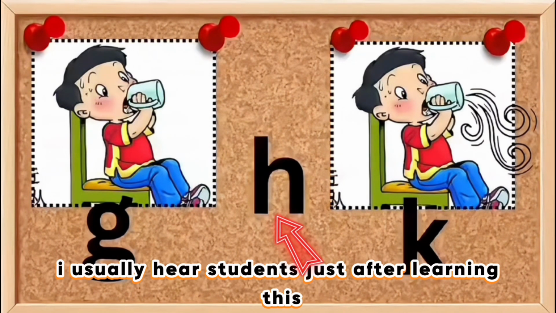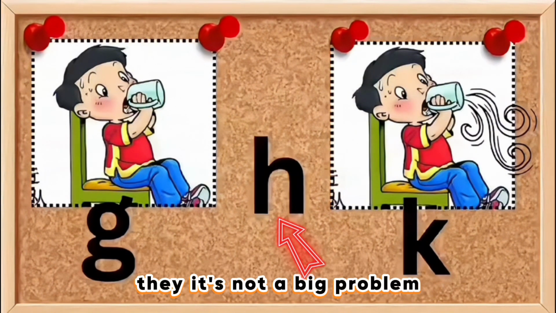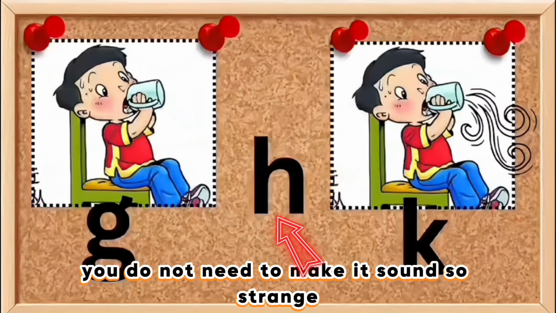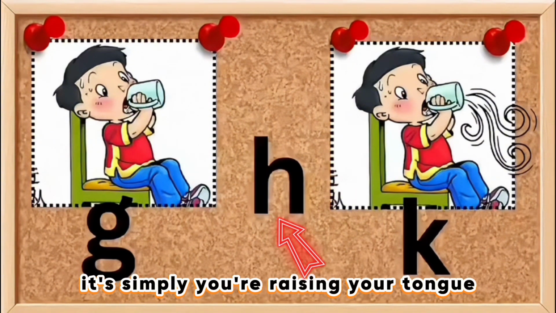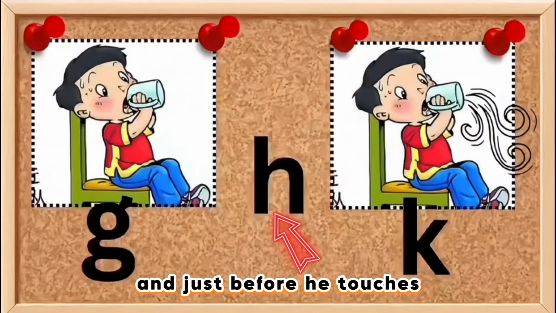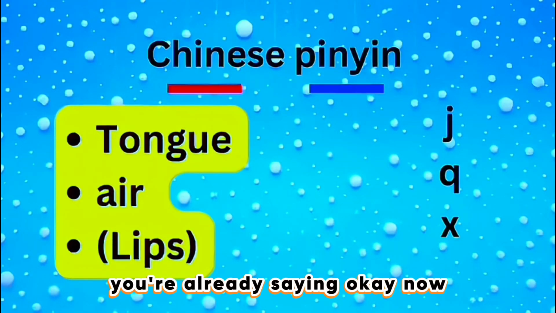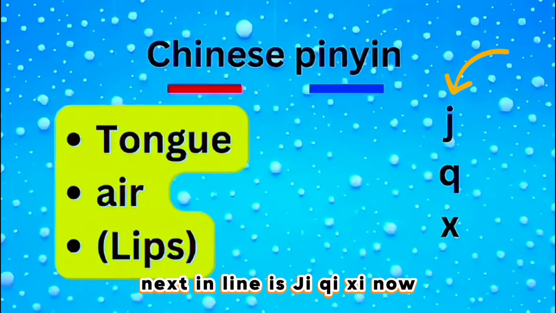I usually hear students just after learning this, it's not a big problem, but it sounds a little weird if they're always exaggerating the sound. You do not need to make it sound so strange. It's simply you're raising your tongue, and just before it touches the upper part of your mouth, you're already saying huh.